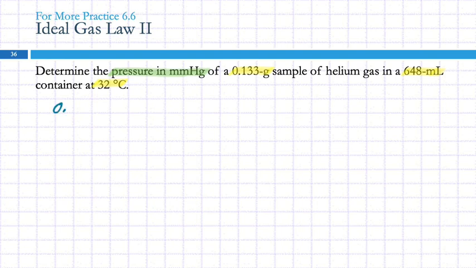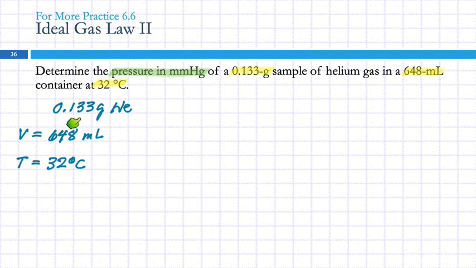Okay, so the first number I come to is 0.133 grams of helium. And then I've got 648 milliliters and 32 degrees Celsius. Well, 648 milliliters is the volume, and 32 degrees Celsius is the temperature.